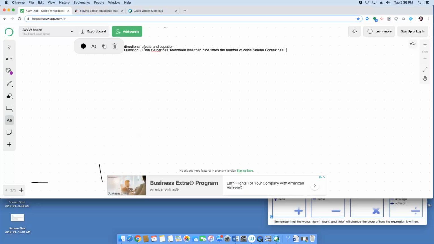All right. So lots of words in one little sentence, but all we've got to do is step 1, find the unknown, and step 2, break down the information. So let's go ahead and put in our step 1, label the unknown.